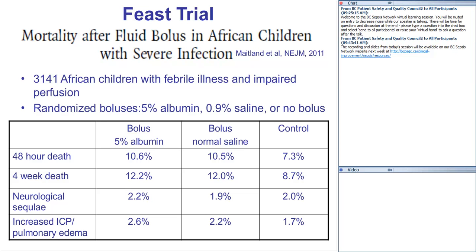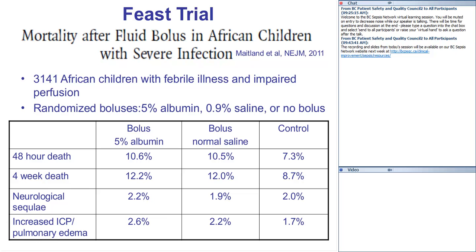And they were randomized to boluses of 5% albumin versus saline, or no bolus, just a maintenance fluid. And the 48-hour risk of death, as well as the 4-week risk of death, was lower in the kiddies that were given the control regimen, not the aggressive fluid bolus regimen.